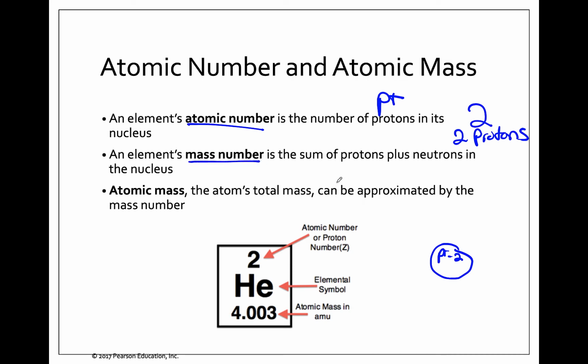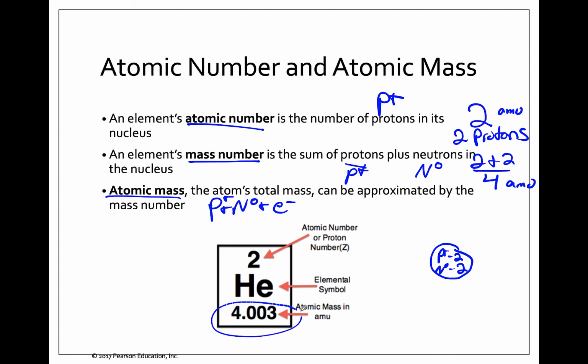The mass number is the number of protons plus the number of neutrons. In the case of helium, I know that it has 2 neutrons, so the mass number would be 2 plus 2 is equal to 4 atomic mass units. And then the total atomic mass is going to be everything, so protons plus neutrons plus electrons.